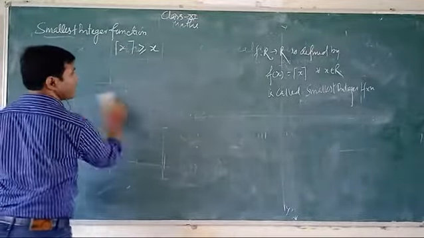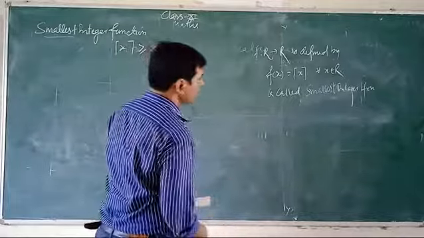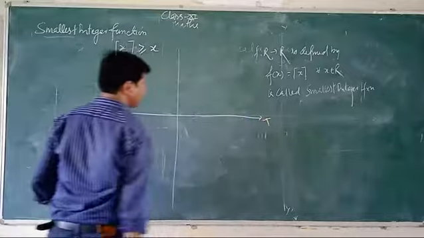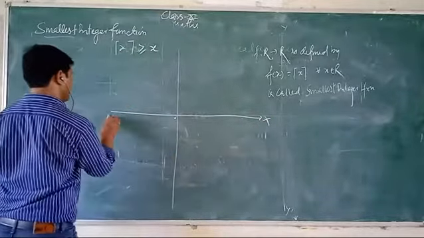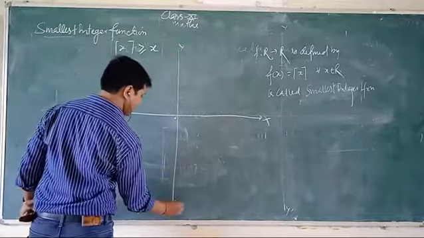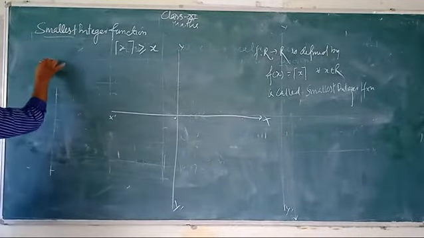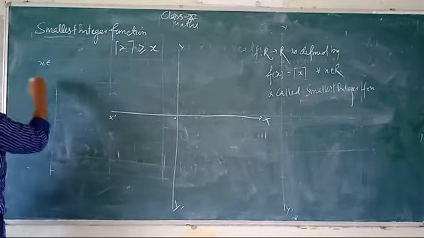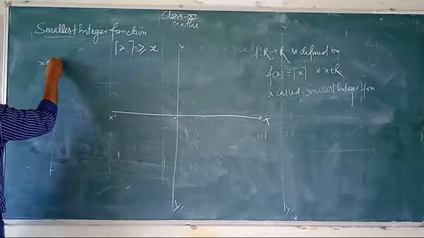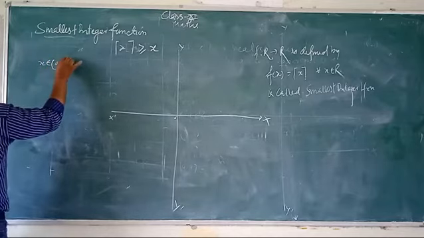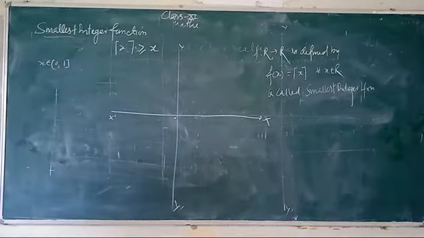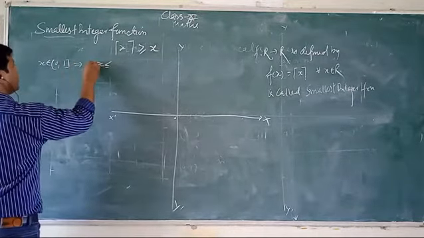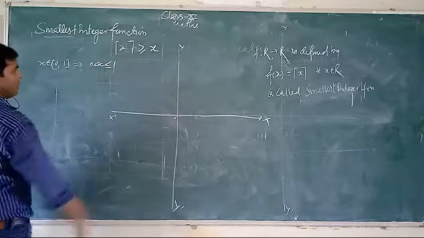Now how can we plot the graph of the smallest integer function? Apply the same process as for the greatest integer function. X to x dash, y to y dash. When x belongs to 0 and 1, it means x is greater than 0 and less than or equal to 1.